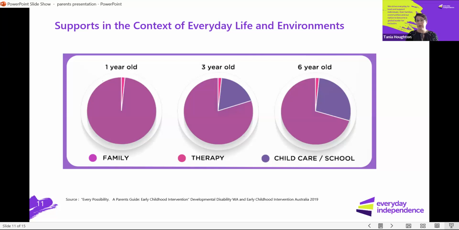So providing strategies in those environments allows the child to learn in the context of everyday activities, and it allows the people around them to learn how to support them.